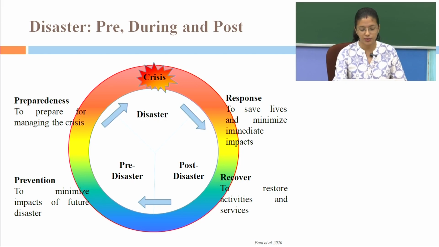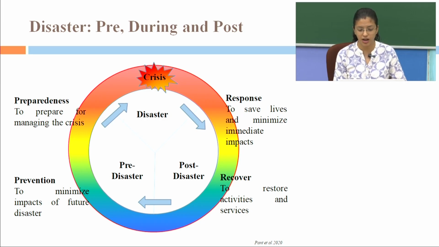These disaster management phases are basically in three phases, that is pre-disaster, during disaster, and post-disaster. Pre-disaster involves preparedness and prevention, that is to prepare to manage the crisis and prevent the impact of future disasters. During a disaster, it's the emergency response to save lives and minimize immediate impact, involving any crisis management.